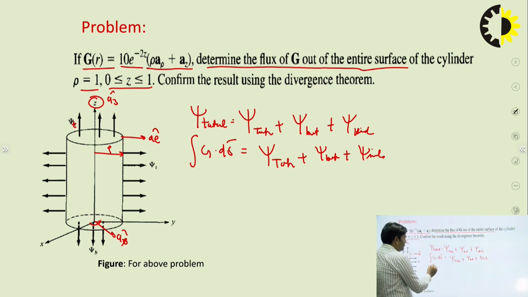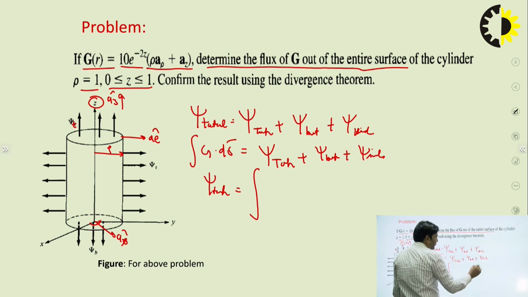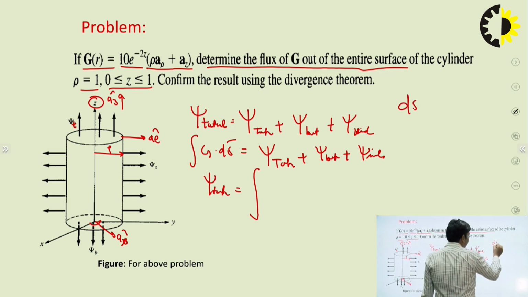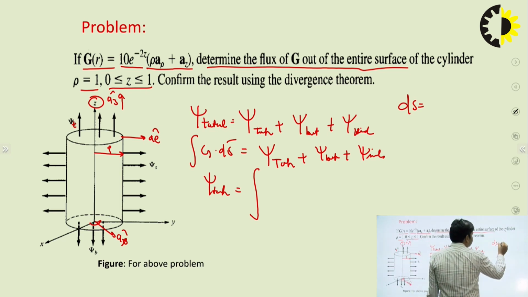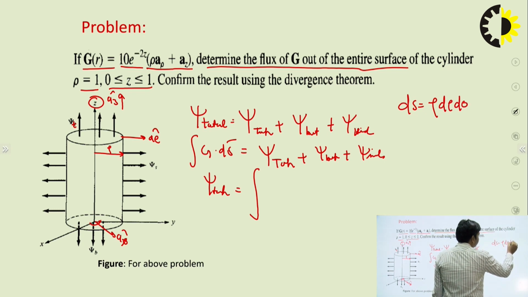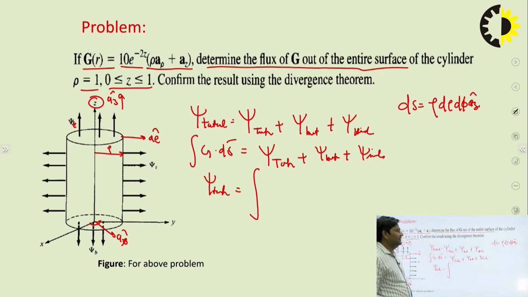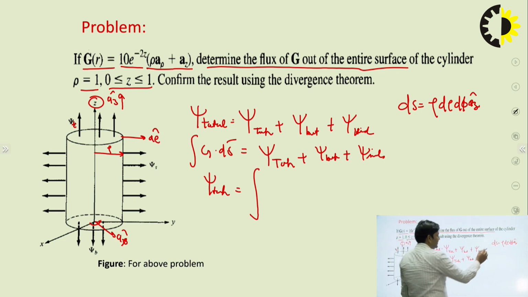So, how do we calculate the top flux? The top flux is to be calculated in the direction of az. What is the ds in the az direction? ds is defined in the az direction, which is rho d phi. So rho d phi in the direction of az is ds.